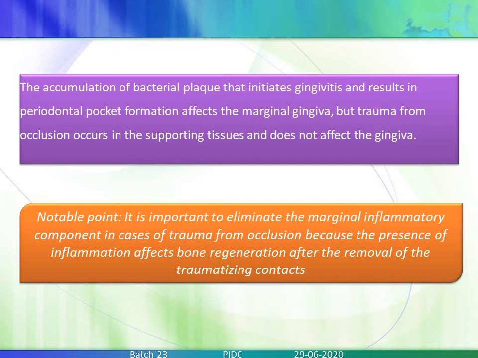But when a plaque-influenced area goes into the area destroyed by trauma from occlusion, it results in a zone of co-destruction. Another notable point is that it is important to eliminate the marginal inflammatory component in cases of trauma from occlusion, because the presence of inflammation affects bone regeneration after the removal of traumatizing contacts.